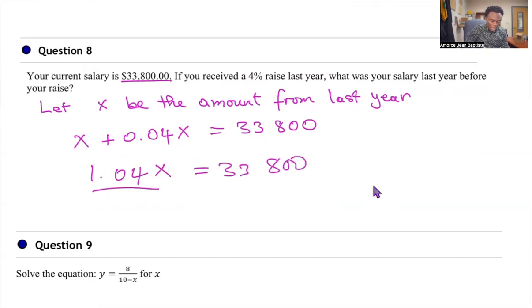Divide by 1.04, we get X, your salary from last year, that is 33,800 divided by 1.04. So you had a salary of 32,500 last year.